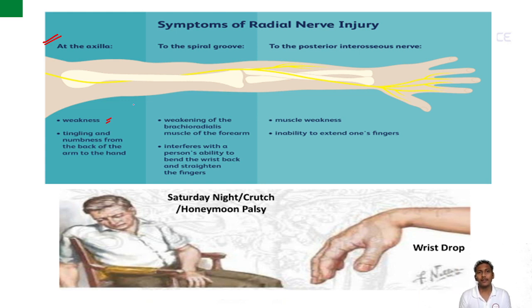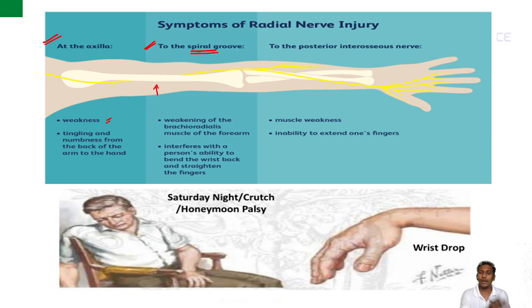Whereas second, when the radial nerve passes on the posterior aspect of the humerus via the radial groove. Okay, radial groove also known as the spiral groove. So please remember, on the shaft of humerus posteriorly there is a spiral groove via which the radial nerve passes by. If there is any injury or a fracture shaft of humerus, that can cause injury to the radial nerve at this place.